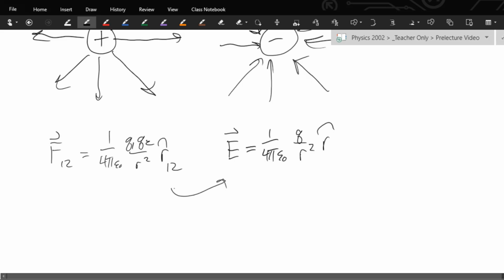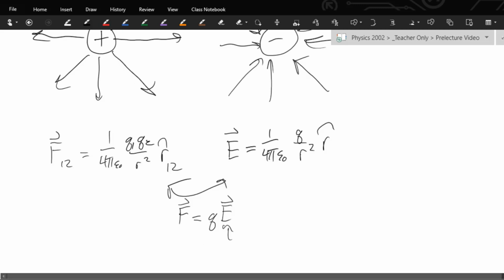So the thing that connects these two things together is the equation that the force is going to be equal to Q times E. So if you have some electric field produced by a charge, the force that is experienced by another charge is the amount of charge times the electric field that the first charge is producing. Nice.